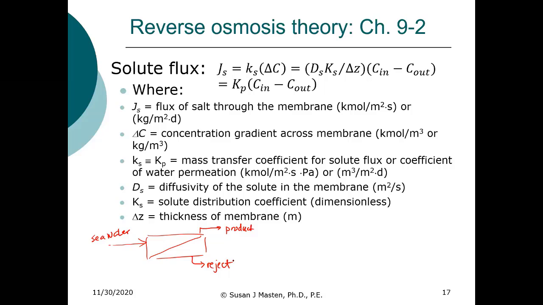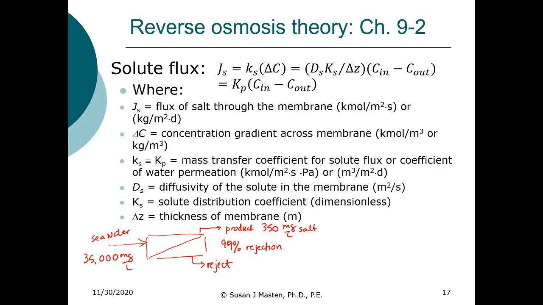That product stream will have some salt in it. Perhaps we have what we refer to as 99% rejection. That means if we start at 35,000 milligrams per liter, how much salt is in the product water? 1% of that. So 350 milligrams per liter of salt, or sodium chloride.